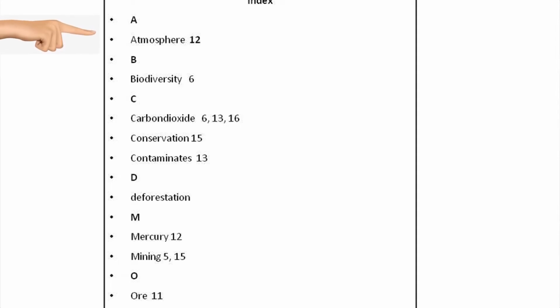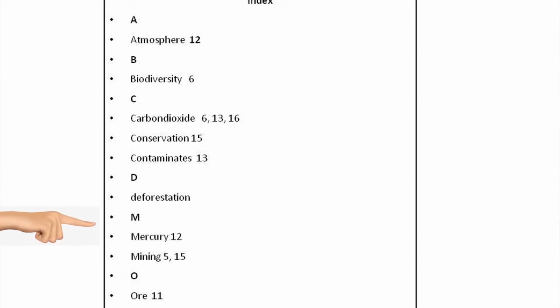And we're going to go down the page and we're looking for the page number on which we can find information that relates to mining. So let's go. We're going down the index page and we're looking under the letter M because the word mining starts with M. Remember, the index page is arranged in alphabetical order.